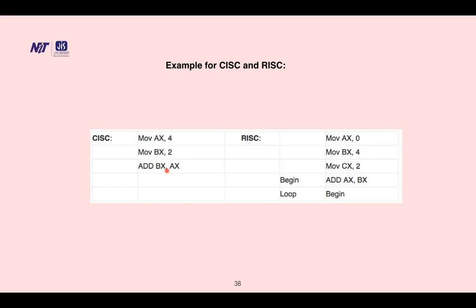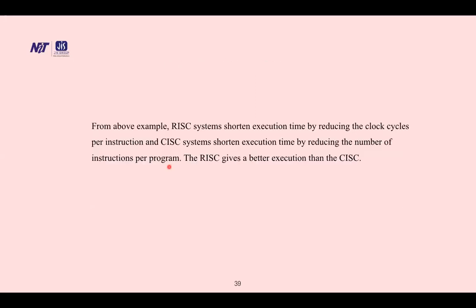So that indicates RISC is the long form, CISC is the short form. From the above example, the RISC system shortens execution time by reducing the clock cycles per instruction, and the CISC system shortens execution time by reducing the number of instructions per program. The RISC gives a better execution than CISC.